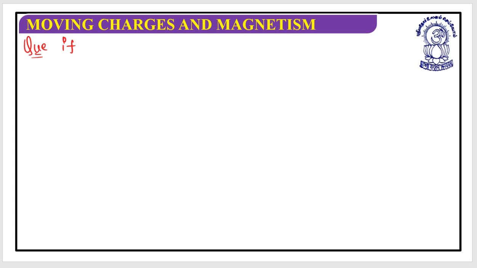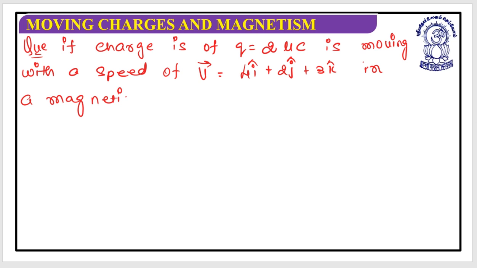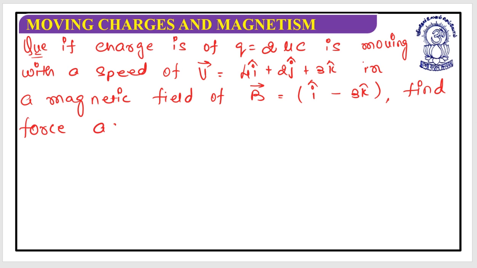If a charge of 2 microcoulomb is moving with a speed of v equals 4i cap plus 2j cap plus 3k cap in a magnetic field of B equals i minus 3k, find the force acting on the charged particle.